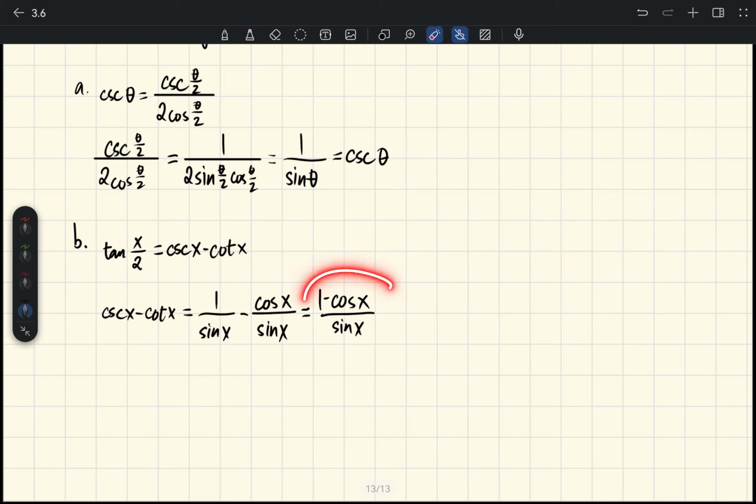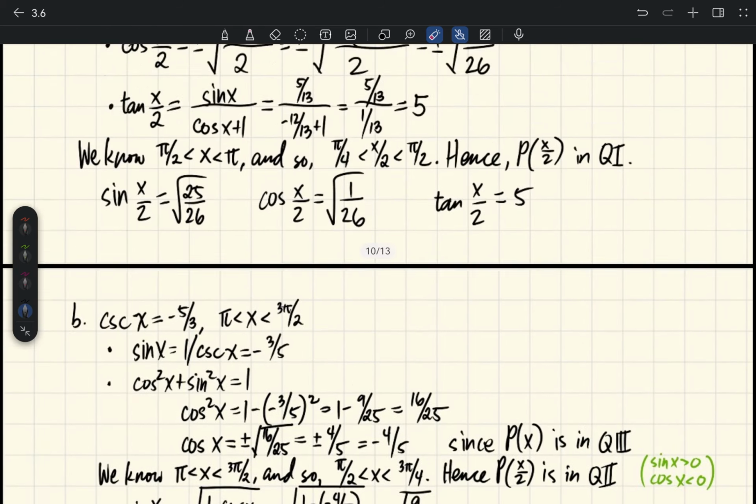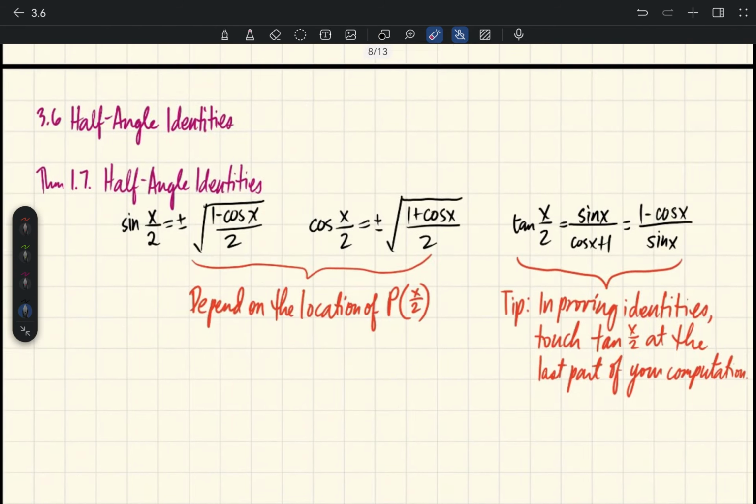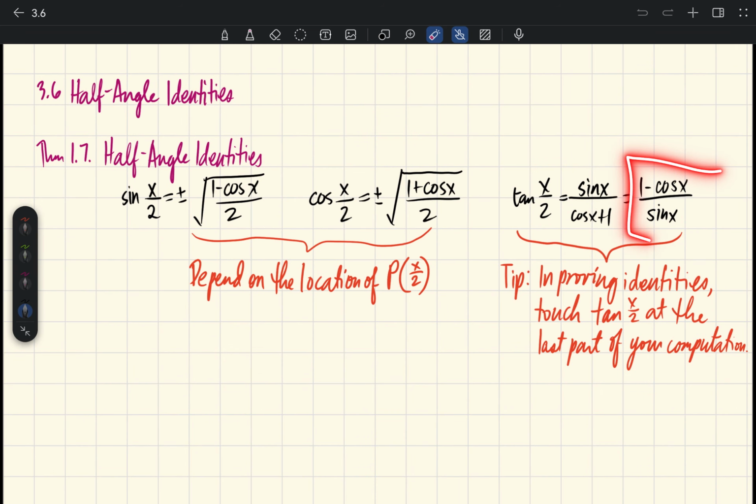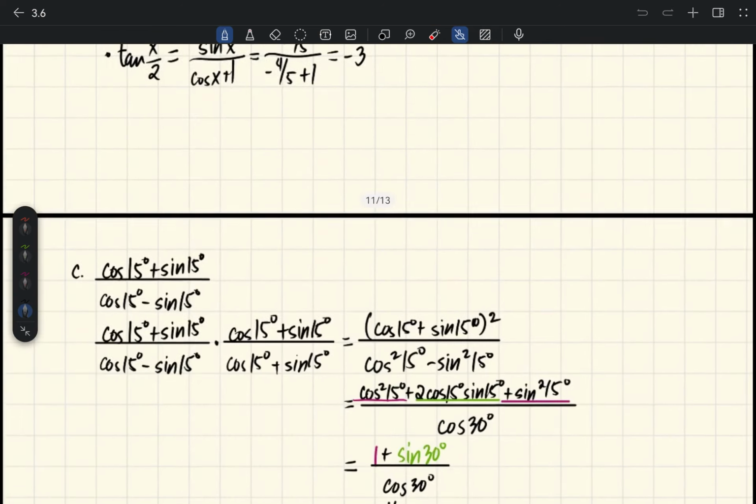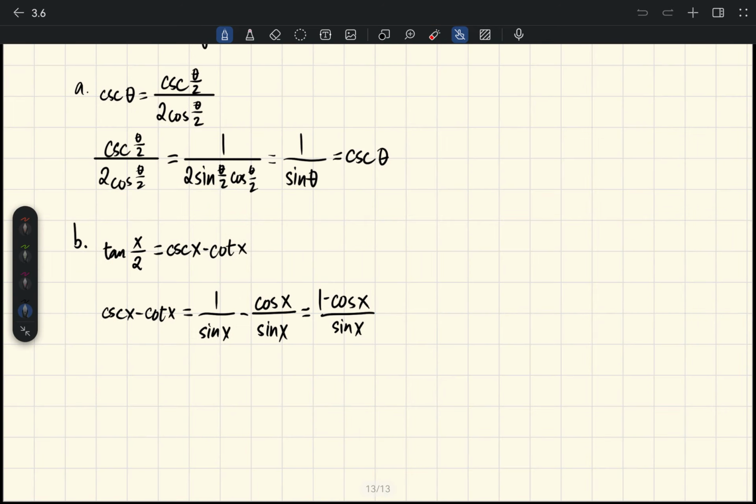Doesn't this one look familiar to you? This one right here is exactly this one, and it's already equal to tangent of x over 2. So 1 minus cosine x over sine x, that's actually your tangent of x over 2.